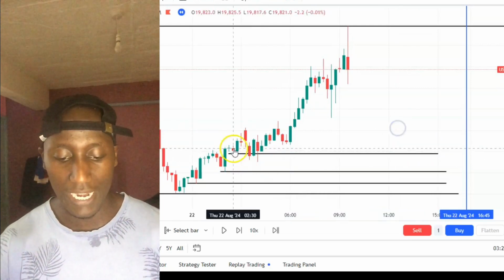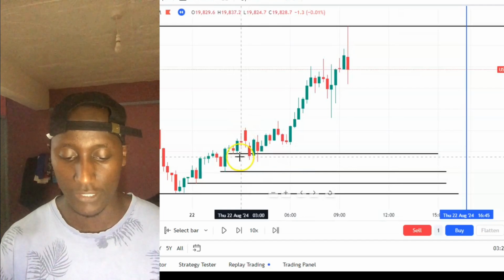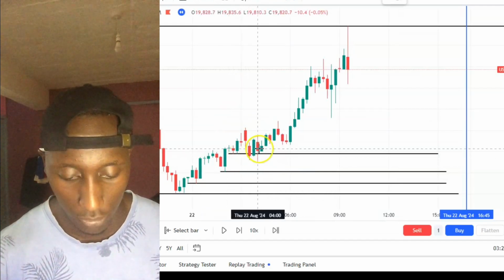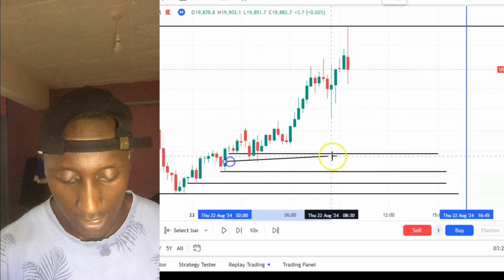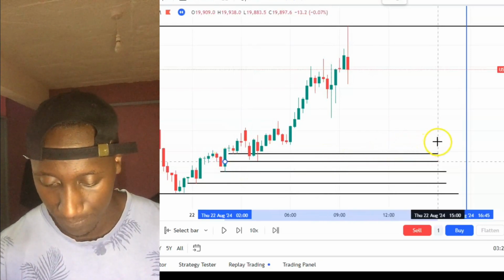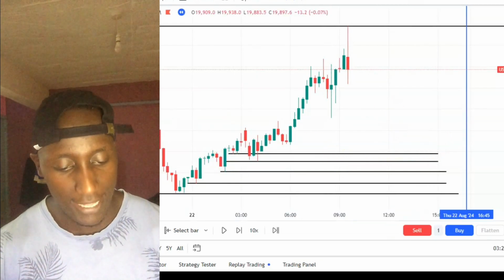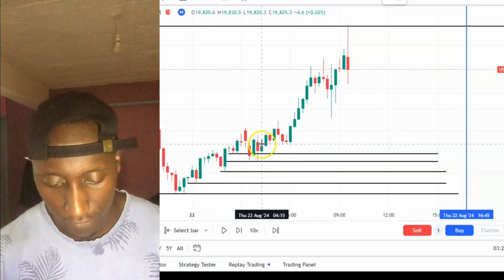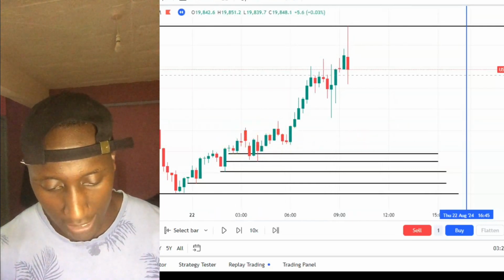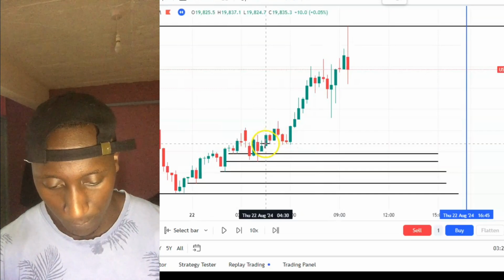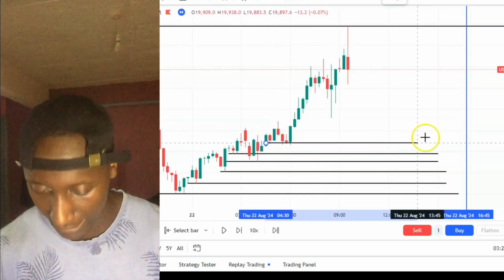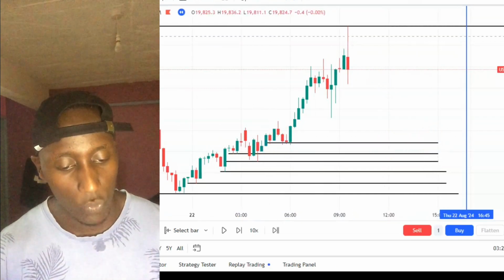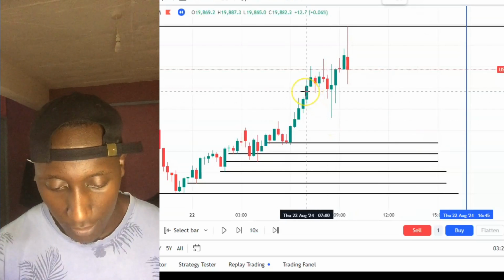So if you draw a line and you see it has 2 touches, that is what we call a level. So all you do is just draw another line at that area. And then we see we also have another level here. Because if we draw a line here at this low, price touches it again. And then we have this low here.